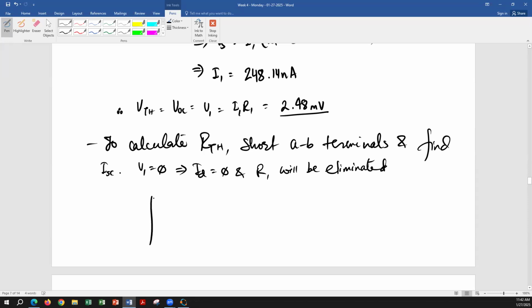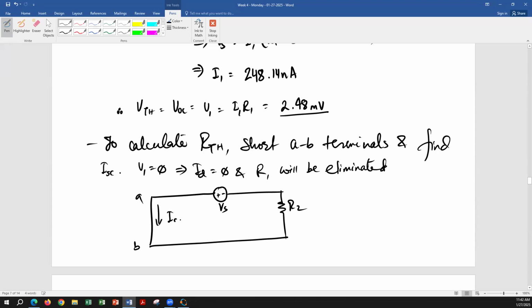So our circuit is going to become simply this circuit. A, B, positive, negative, VS, R2, and we are looking for I short circuit. Becomes much, much simpler, just Ohm's law.